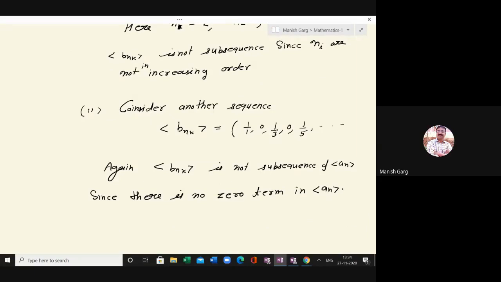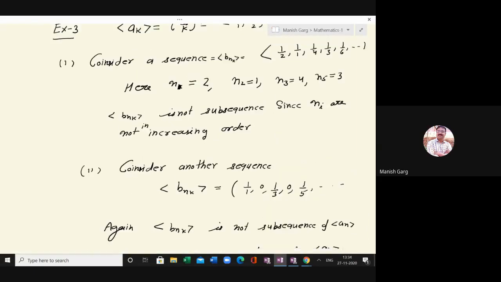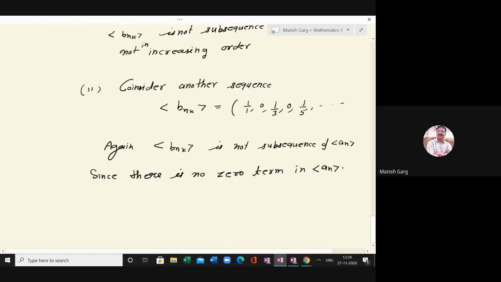Actually, I gave these two examples. In one, 0 is not an element. So it is compulsory in a subsequence that all elements must be from the parent sequence. And second, these must be in increasing order. That's why I considered 0 here.